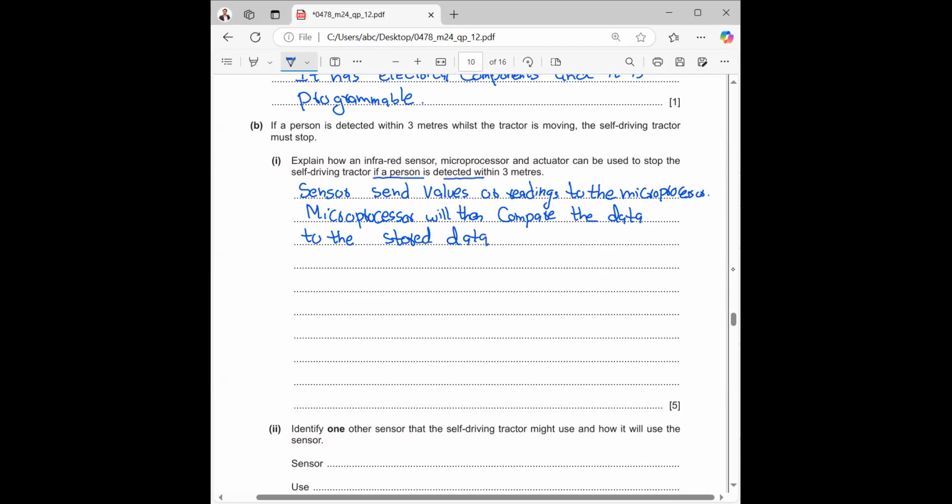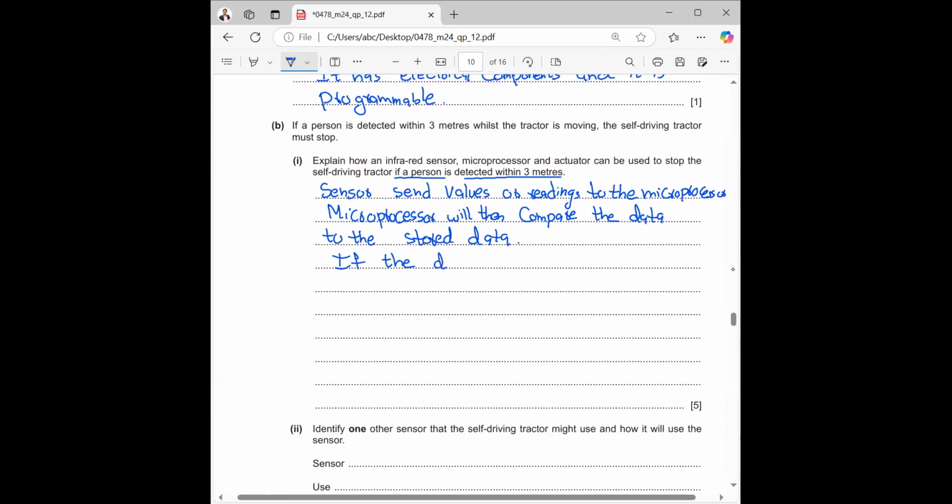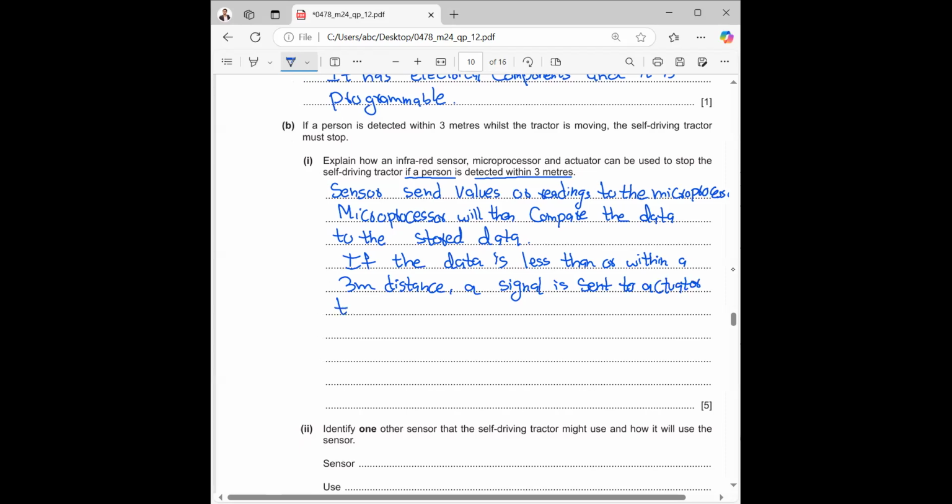The question is if a person is detected within 3 meters, then if the data is less than or within a 3 meter distance, then a signal is sent to the actuator to make the tractor stop.